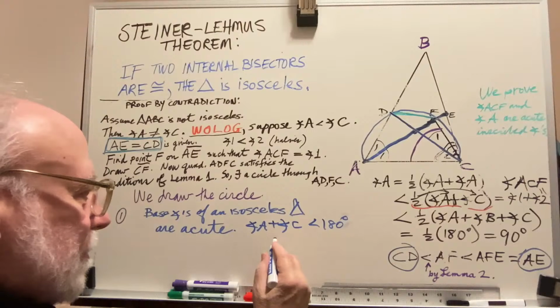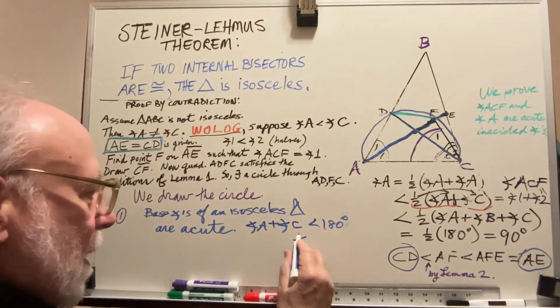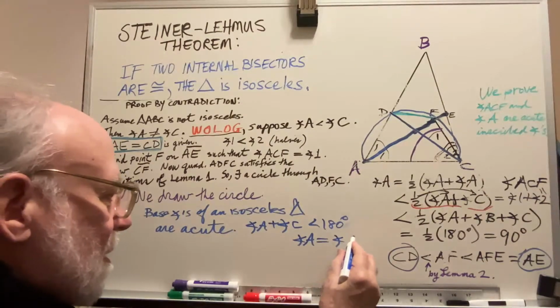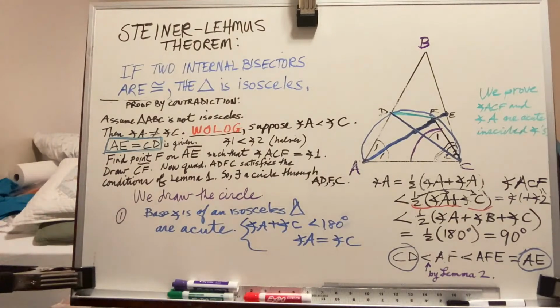And angle A is equal to angle C. So these together say that both A and C are less than 90 degrees.